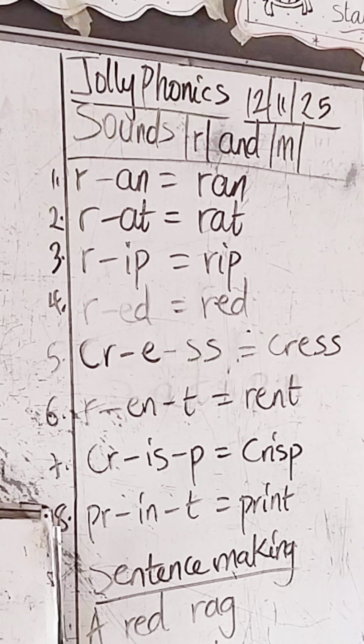Number 4, red. Then number 5, we have a consonant blend. So we take the first initial consonants together. Cr, cress.